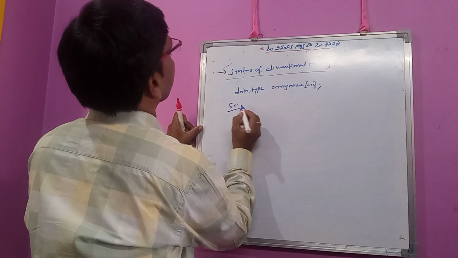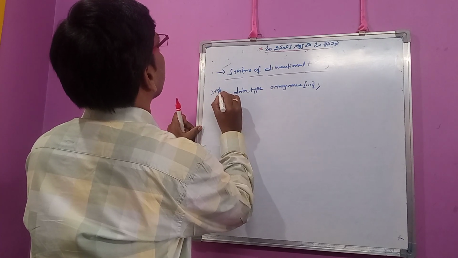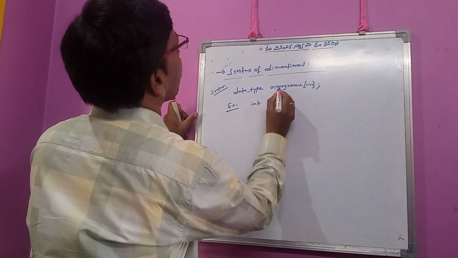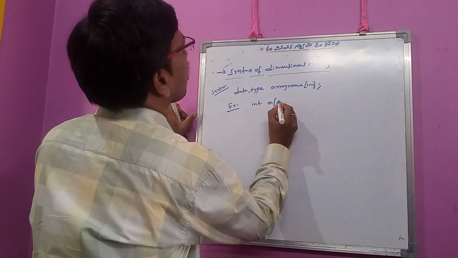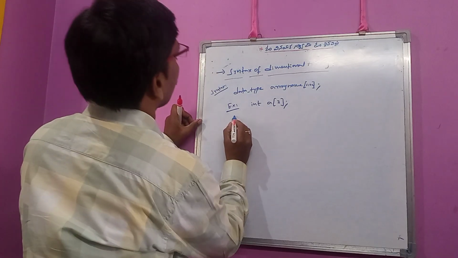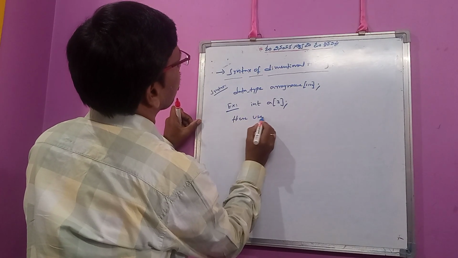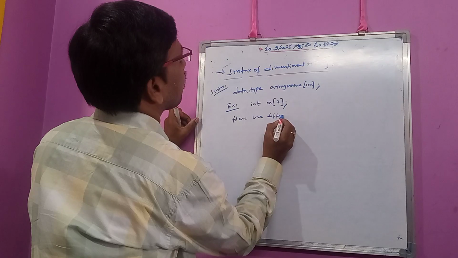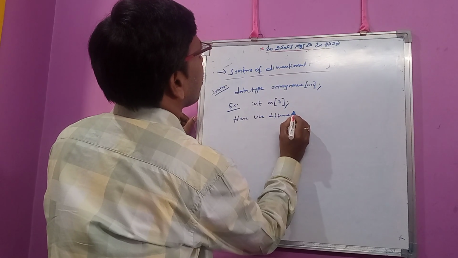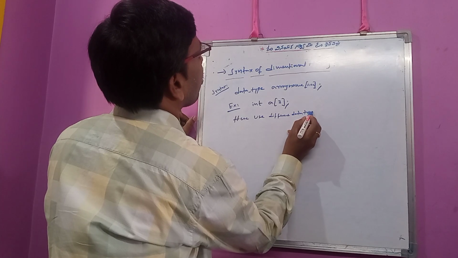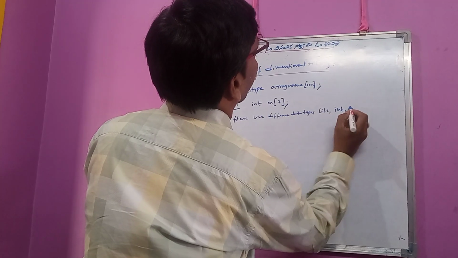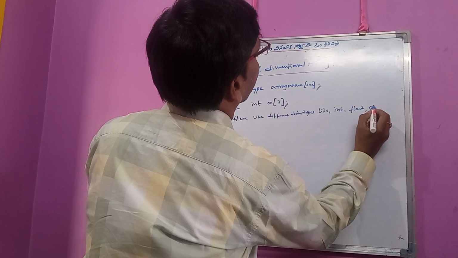Example: int a[3]; Here we use different data types like int, float, char.